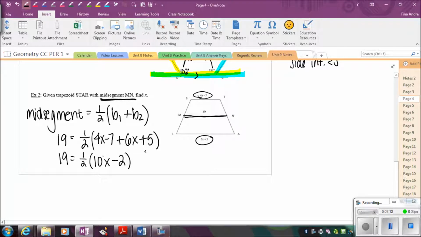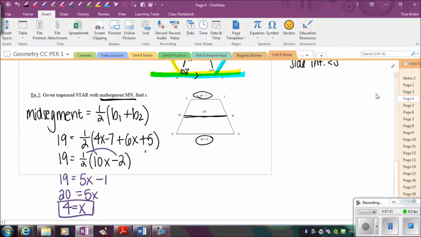You don't need to distribute the 2 since you haven't distributed the 1/2. I'm looking at both 10 and 2 and seeing that they are divisible by 2, so I'm just going to distribute it, not even worry about the fraction. So 19 equals 5x minus 1. Bring the 1 over. Divide by 5. So we get x equals 4. Again, that's just using the mid-segment rule and knowing that property.